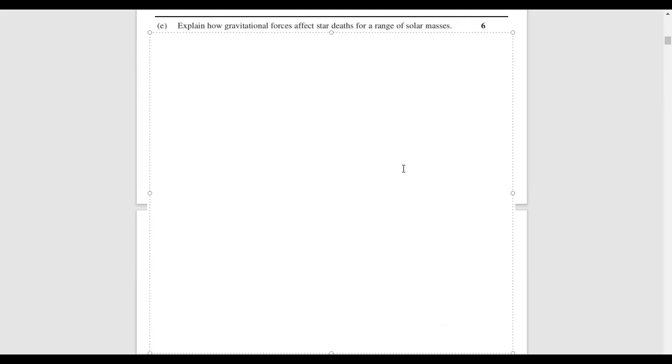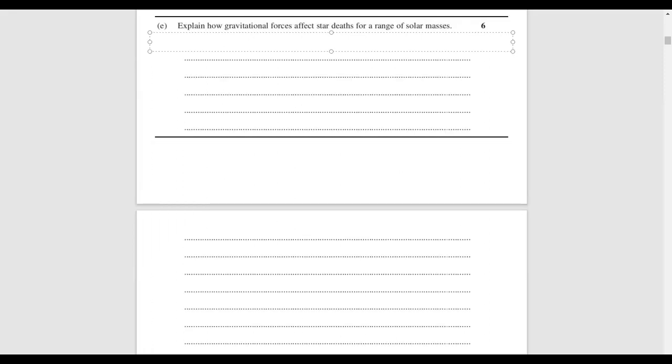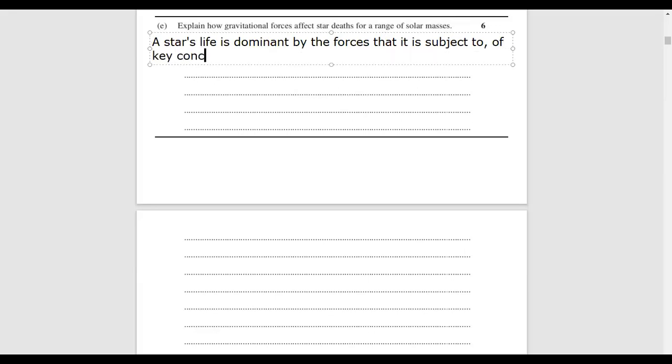But essentially, when we talk about star deaths, we understand that a star's life is dominated by the forces that it is subject to. Of key concern is the gravitational force and the radiation pressure.